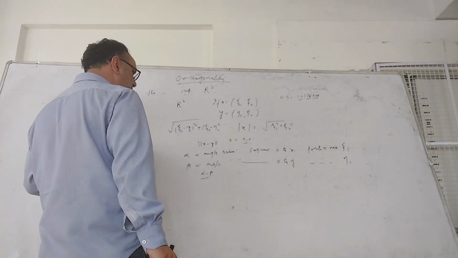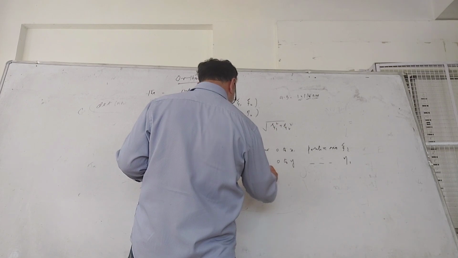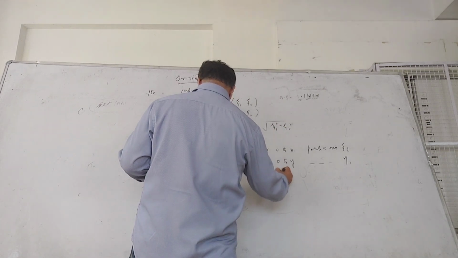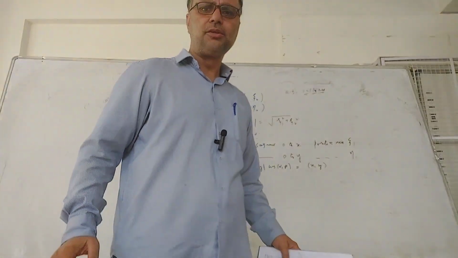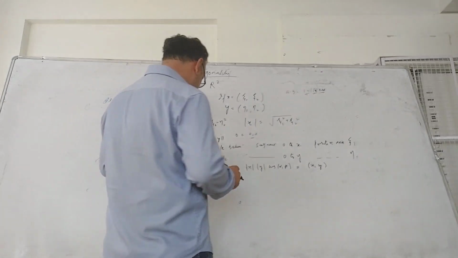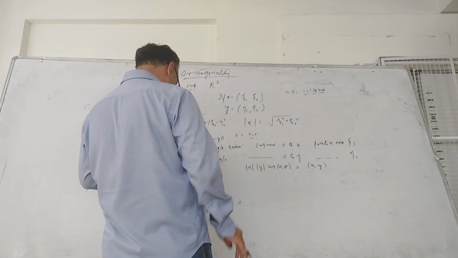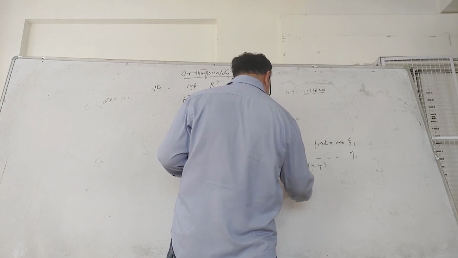It will be modulus of x, modulus of y into cos of alpha minus beta.